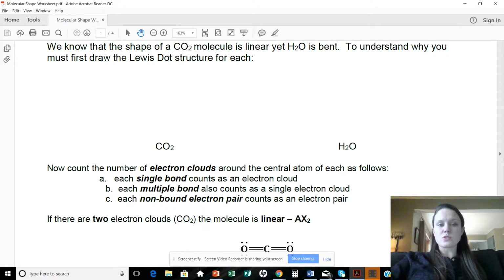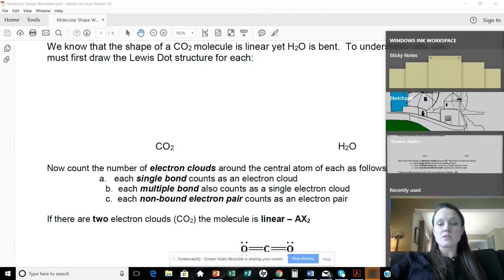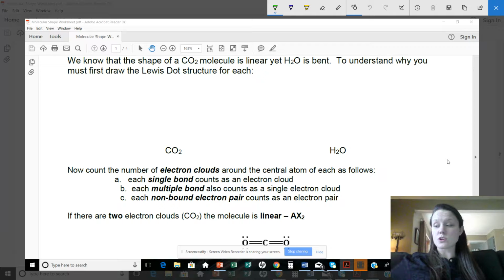All right, everybody. So you guys should have just drawn your Lewis structure for water. Now I'm going to show you what that correct answer should have been.